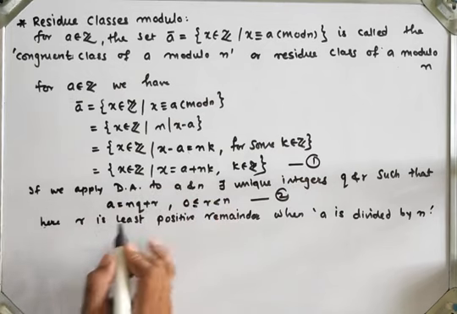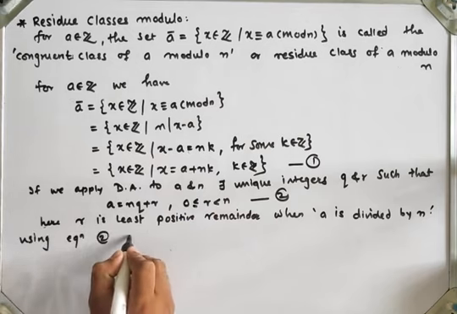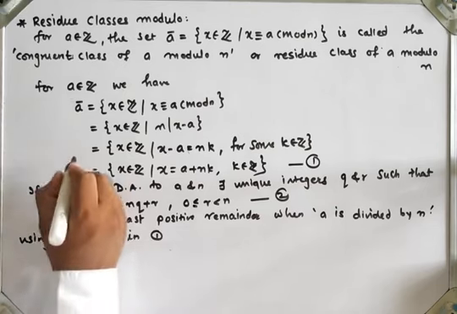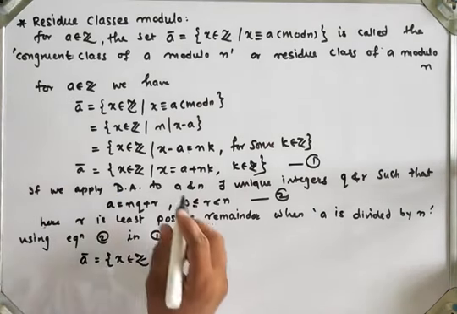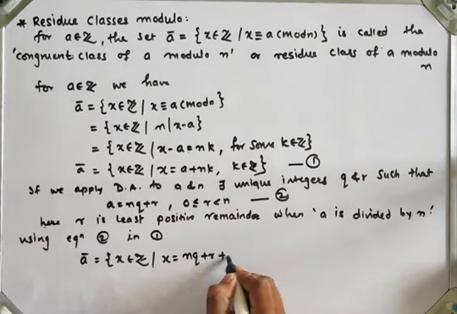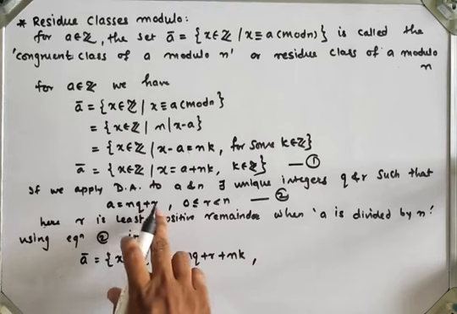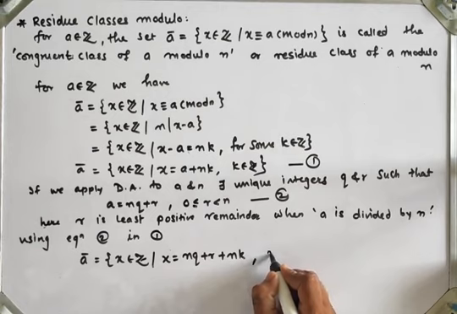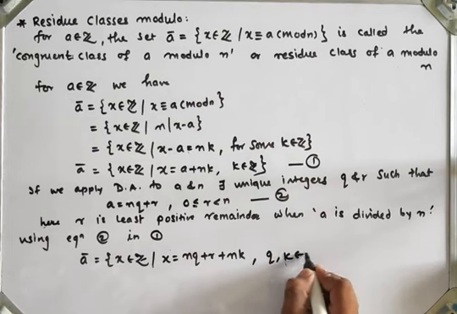Using equation 2 in equation 1, we will get a bar equal to the set of x belonging to the set of integers such that x is equal to nq plus r plus nk, where q and k belong to the set of integers.